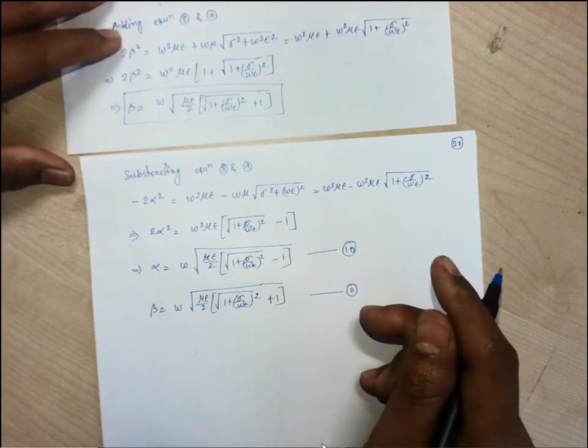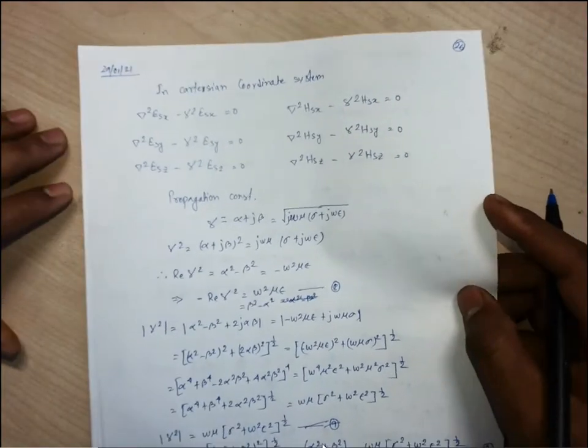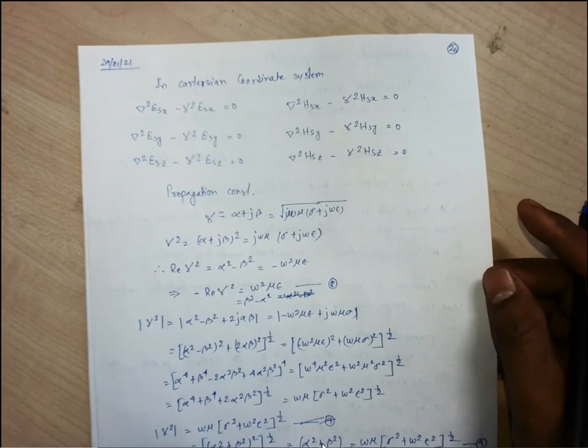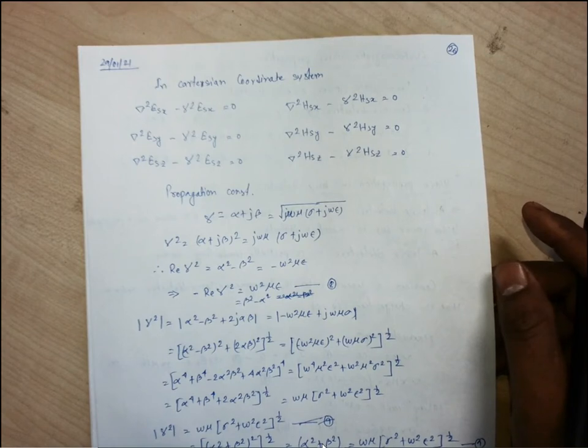Now what are the components we have considered for the wave equation? Let us assume that the wave propagates in the plus z direction and E has only x component. It is propagating in the plus z direction and we are having only x component.